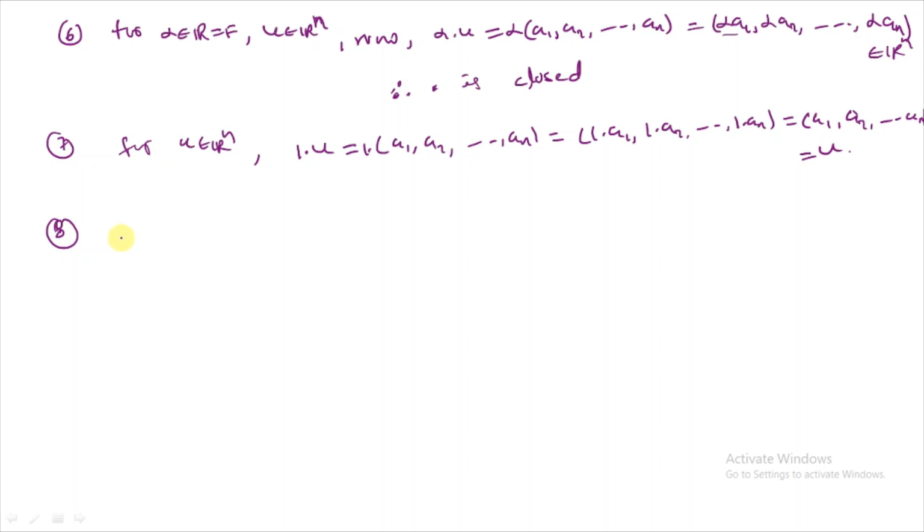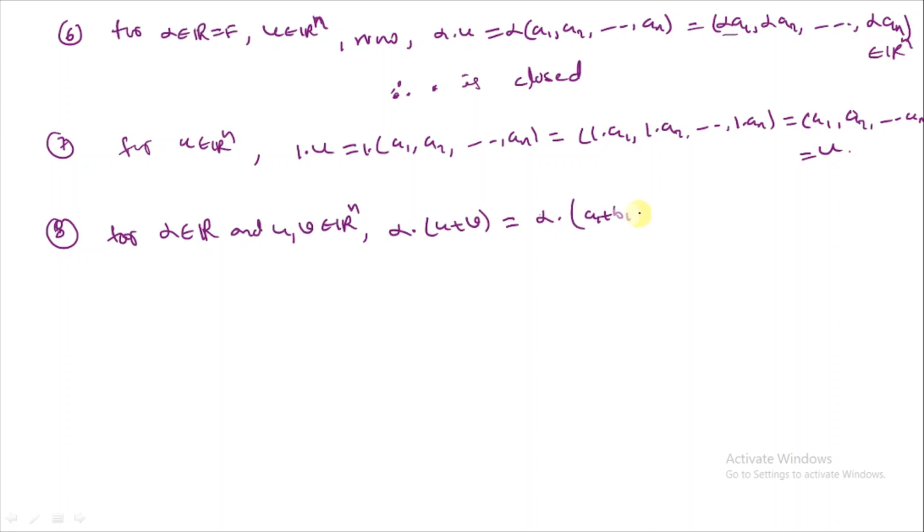Now the eighth property, that is distribution. For alpha belongs to the field, and u, v belongs to Rn, now the left distribution: alpha dot (u plus v) is equal to alpha dot u plus alpha dot v. Already you know u plus v is a1 plus b1, a2 plus b2, up to an plus bn.